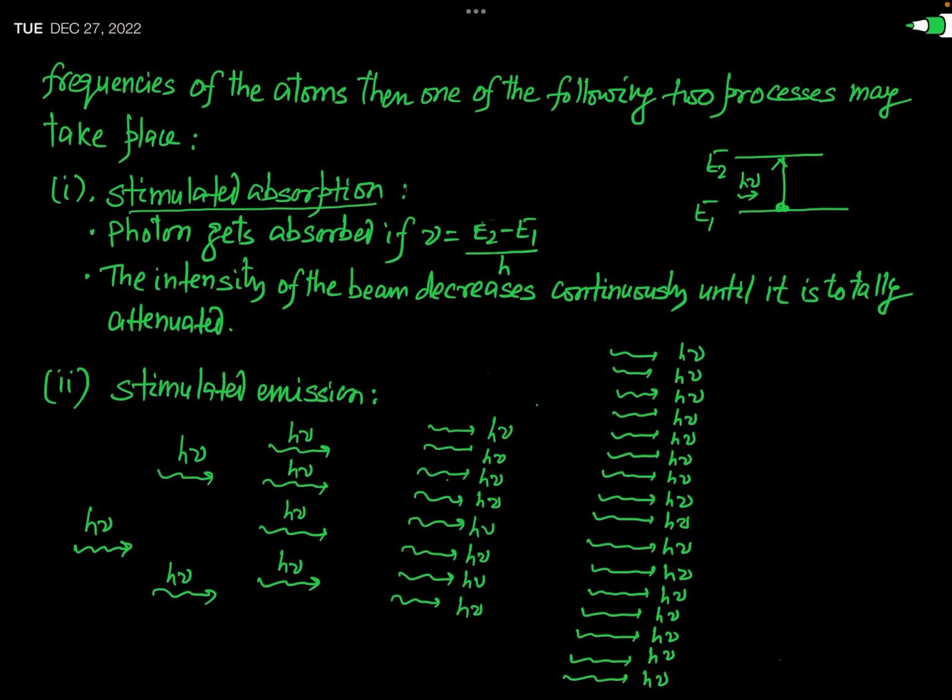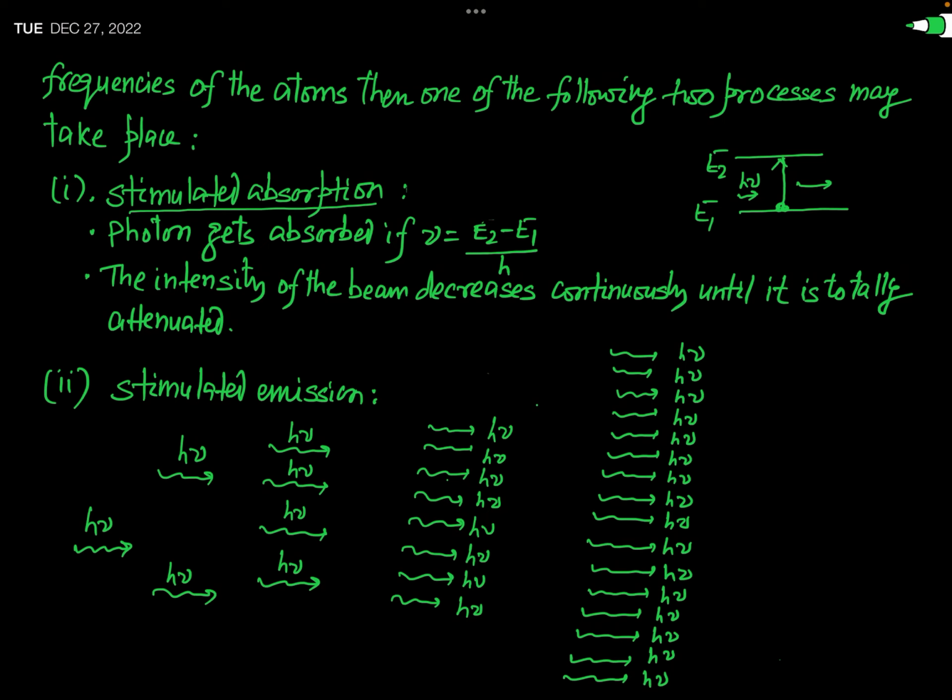If a number of photons strike this system and all are absorbed by the atoms in the lower energy level, then in course of time the number of absorbed photons increases, and the beam after interaction with the atoms will be attenuated. Its intensity will decrease because the incident photons are getting absorbed.